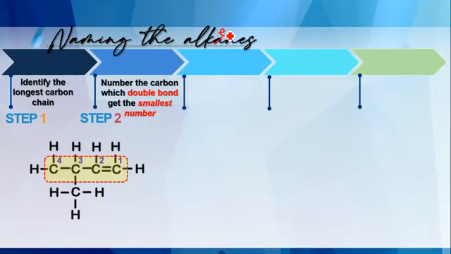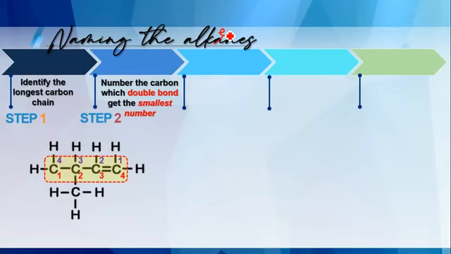Step 2: number the carbon chain so that the triple bond gets the smallest number. I think previously I showed you that you must practice that numbering. When you number the carbon chain, you need to number either from the left to the right or right to the left. We do similar practice here.